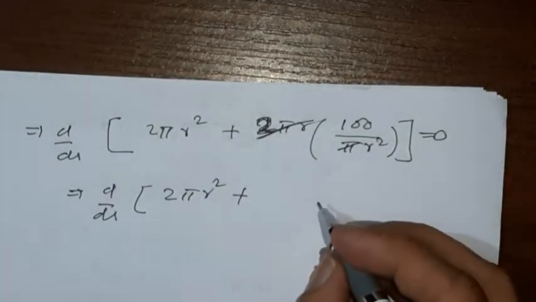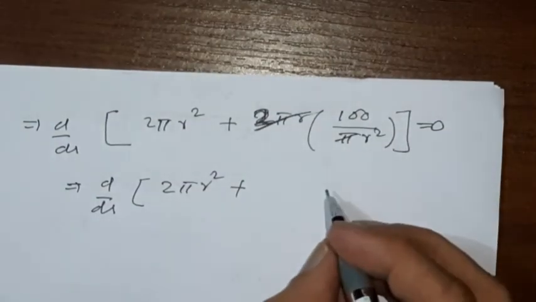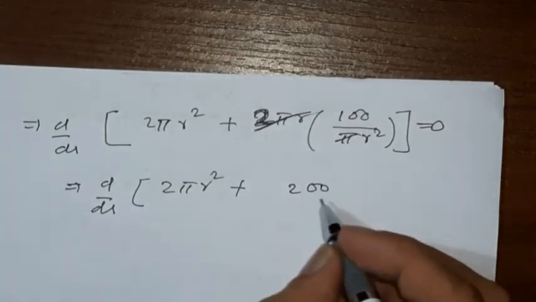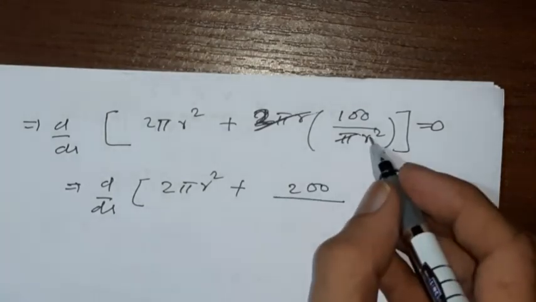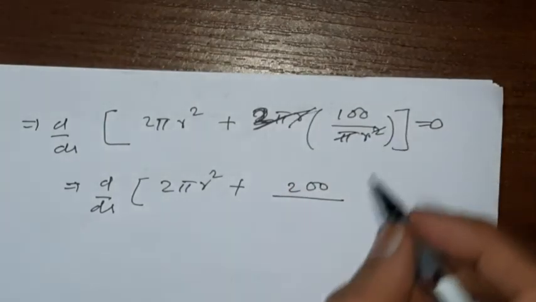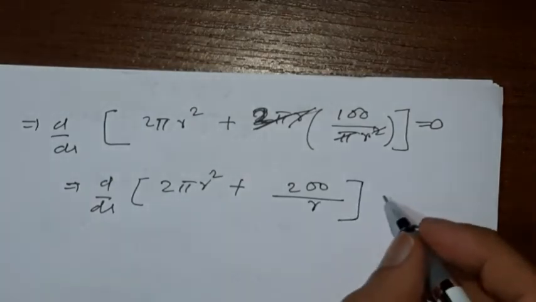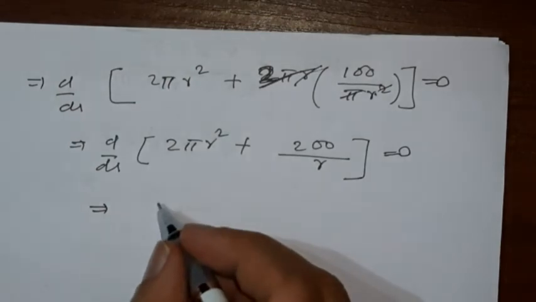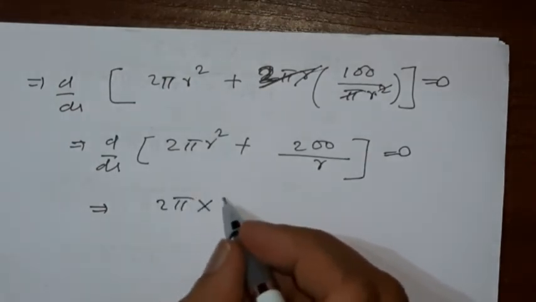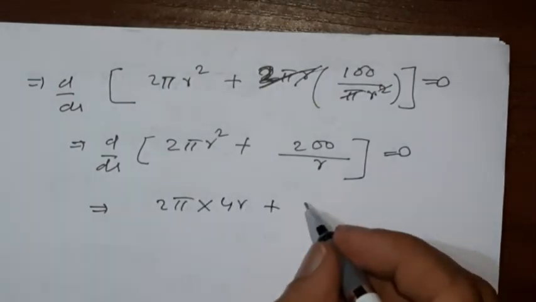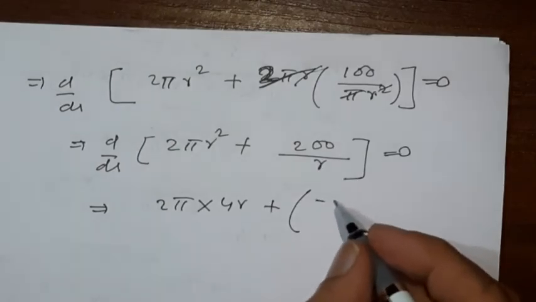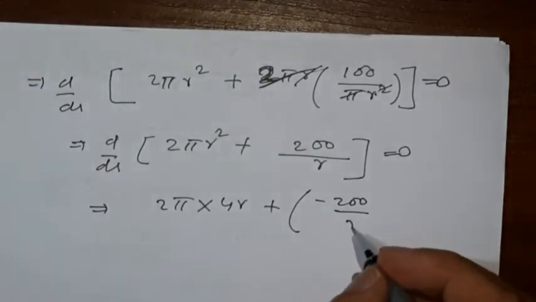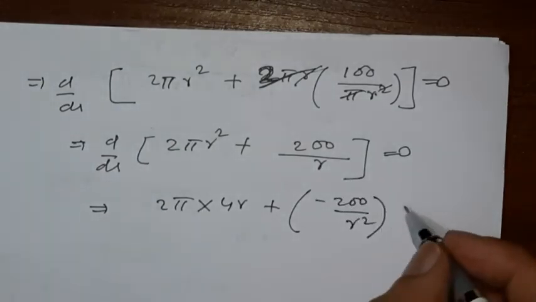Pi and pi get cancelled, 2 multiplied by 100 is 200, divided by r. Now if we take the derivative, we get 2 pi multiplied by 4r plus the derivative of this, which is minus 200 divided by r square, equal to 0.